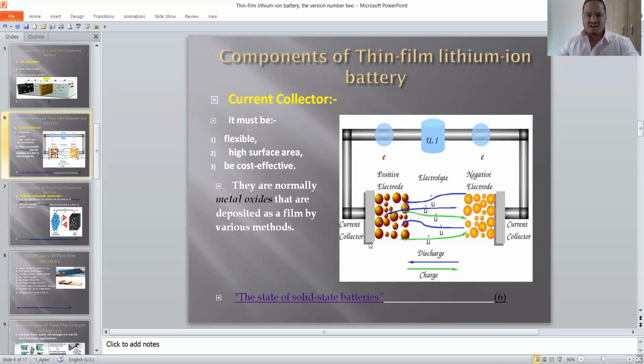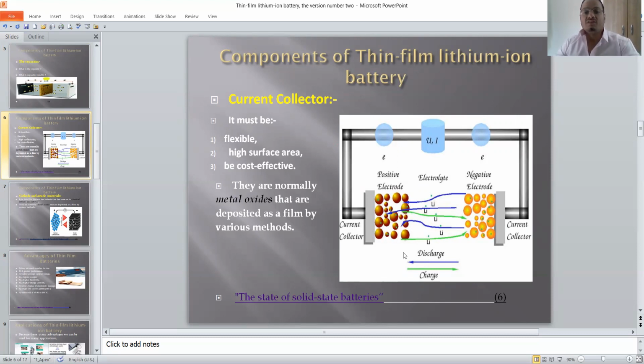In any electrical devices, we have a current collector. Now, this picture will illustrate some important things about charge and discharge and how the current collector moves between these two electrodes.